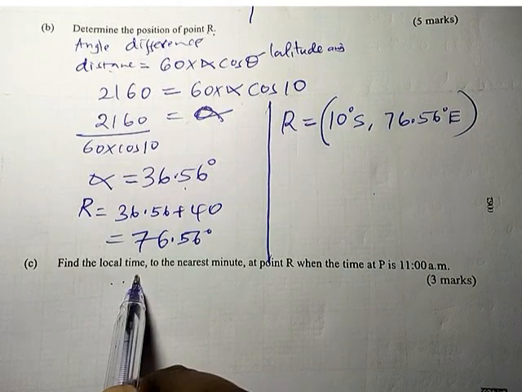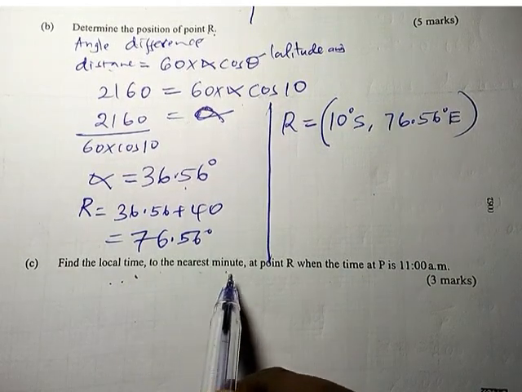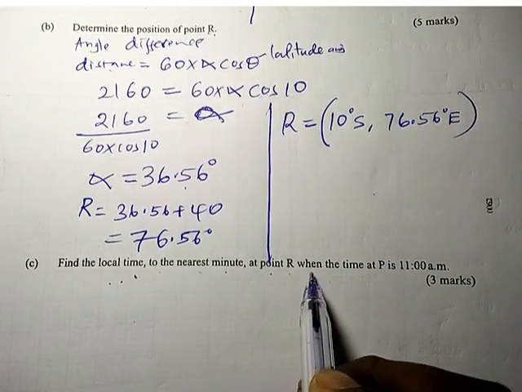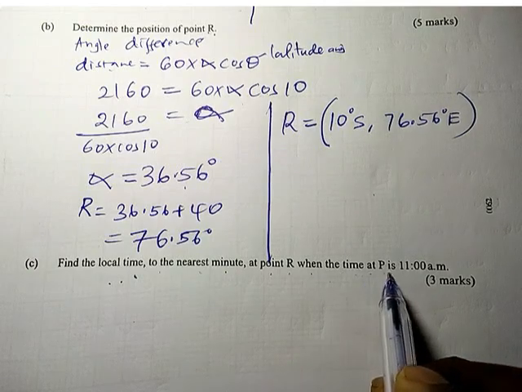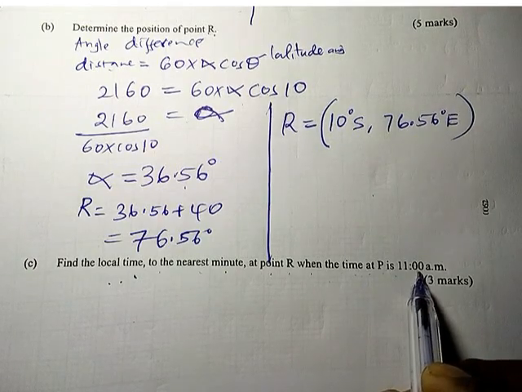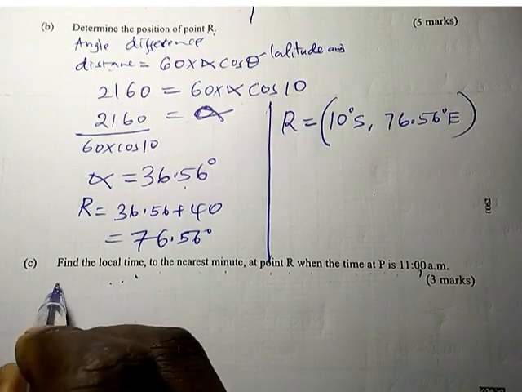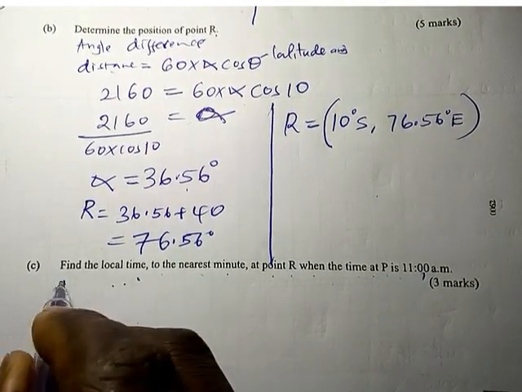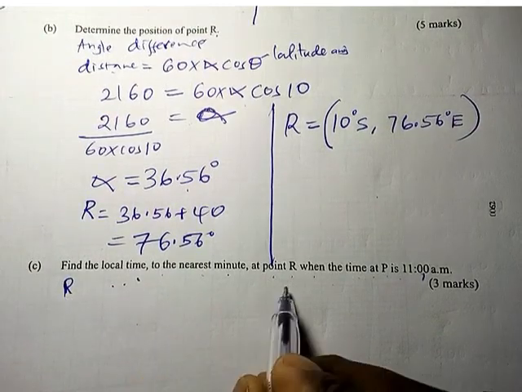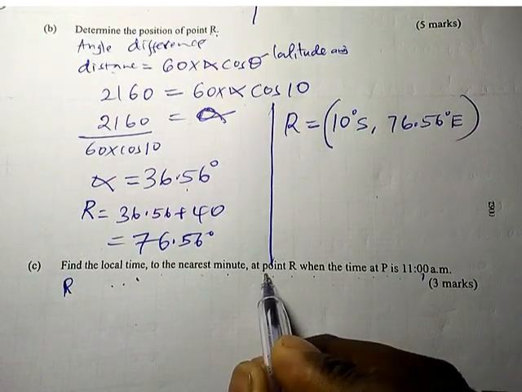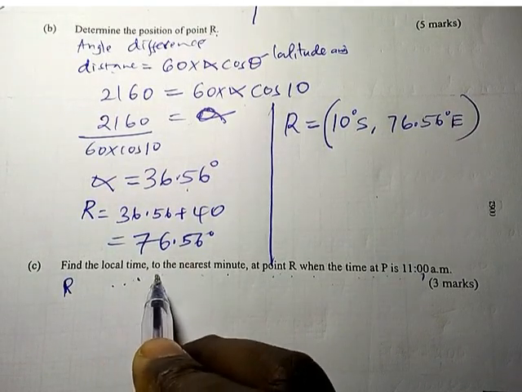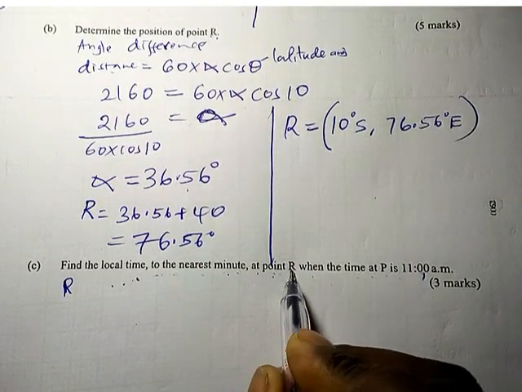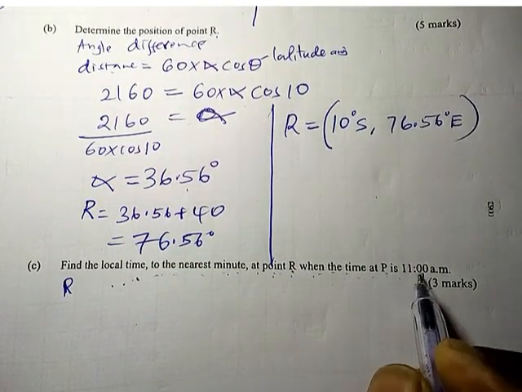Find the local time to the nearest minute at point R when the time at P is 11.